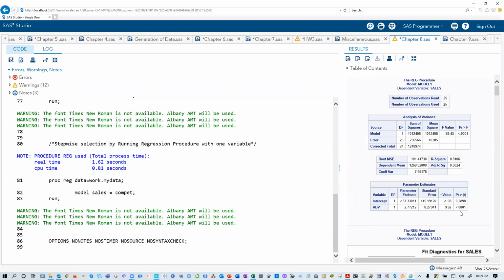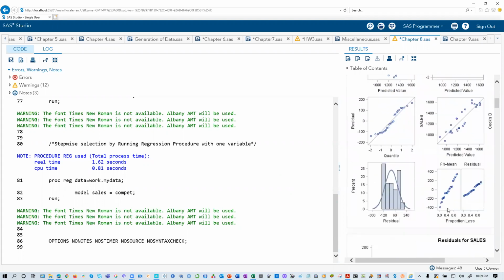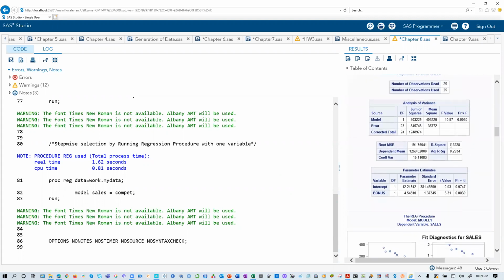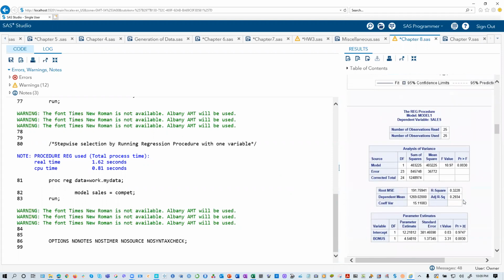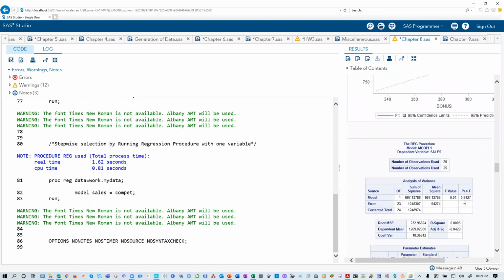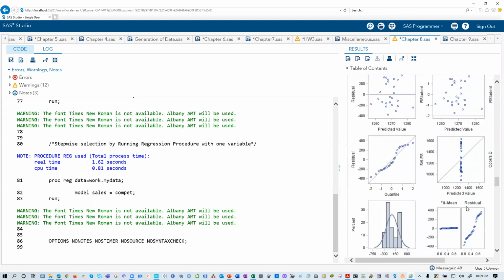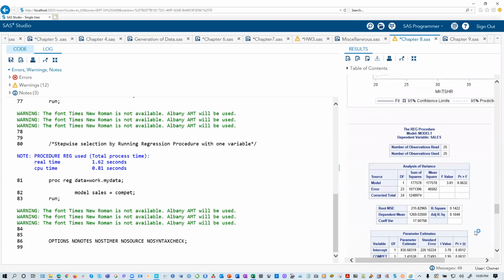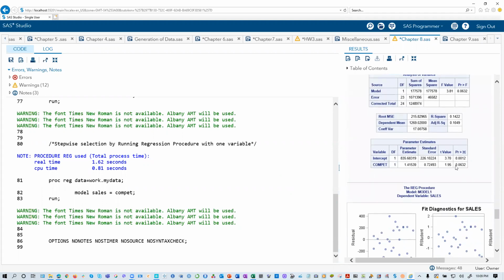That means this one, advertising. See here, the p-value. This one is for the bonus, p-value. The market share, this one. Sorry, competition, this one.